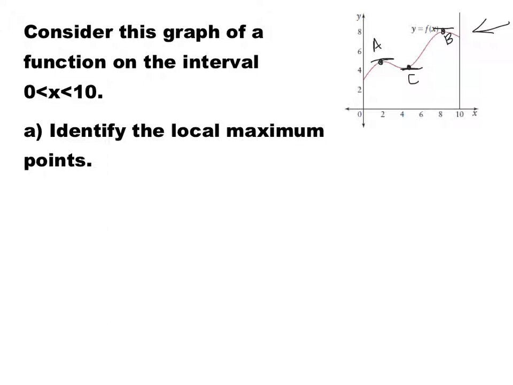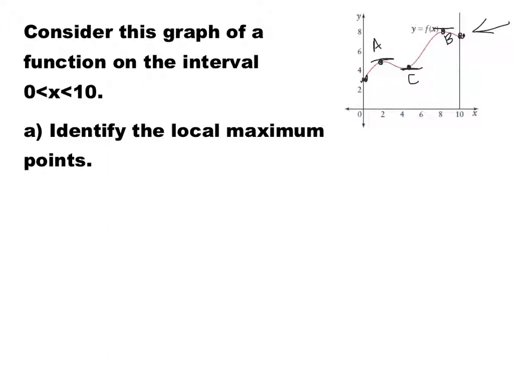Now we have to find the absolute maximum and minimum values in the interval 0 to 10. As I said before, when you are trying to find the absolute maximum or minimum, we have to find the points where the function has a derivative equal to 0. So points A, B, C are the candidates, and also we have to find the value of the function at the endpoints, which is here and here.